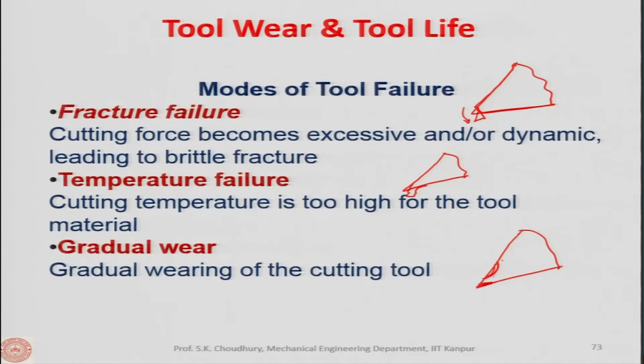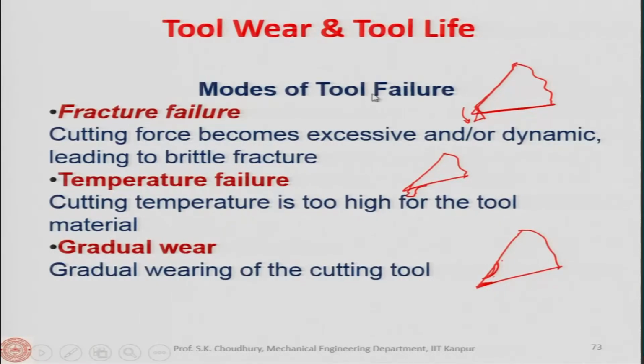We mean to say that when the cutting force is fluctuating, the cutting force changes. In that case, it can be either fatigue failure, or because of the high magnitude of forces, the tool is not able to withstand that force. Now, these are the modes of tool failure. This is how the tools can actually fail.